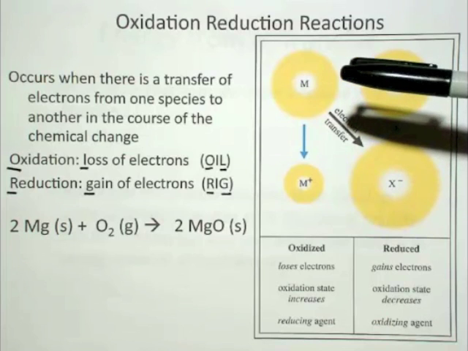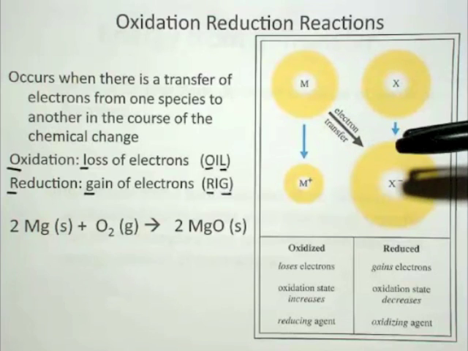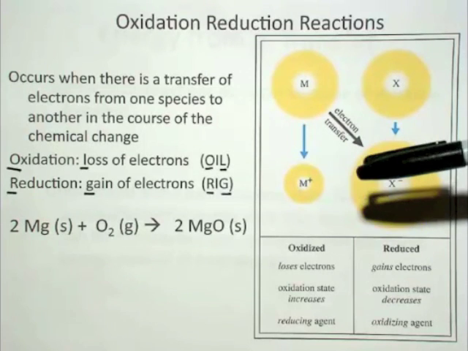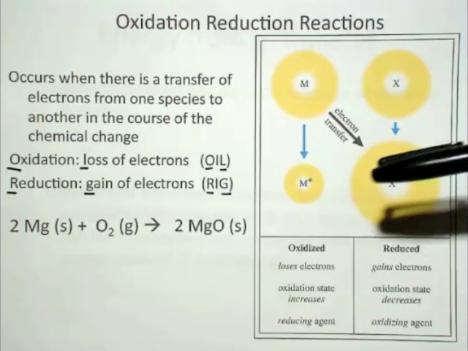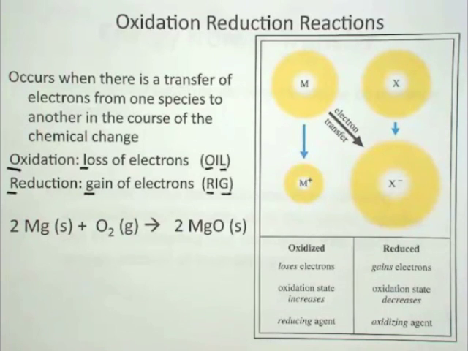And so the electron transfer occurs from the metal to the non-metal, and the result is that the non-metal ends up with a negative charge and the metal ends up with a positive charge. We've seen this before when we talked about ionic compounds. For example, the classic sodium plus chlorine gives sodium chloride. The electron is donated from the sodium to form the cation to the chloride to form the anion.